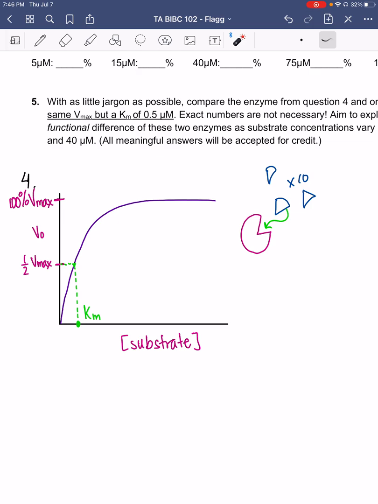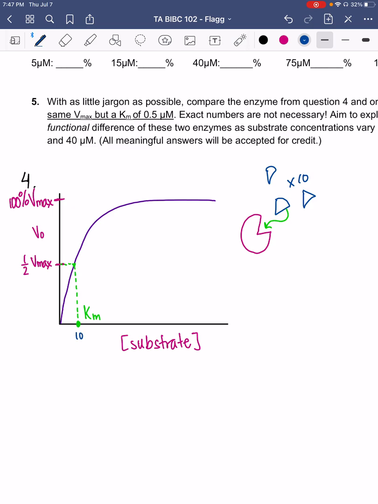Now let's take a look at that same topic on this graph. So right now we have an enzyme kinetics graph that shows a Km that resides over here. In the grand scheme of this x-axis, this Km seems pretty low, right? It's a small number. Let's give it numbers.